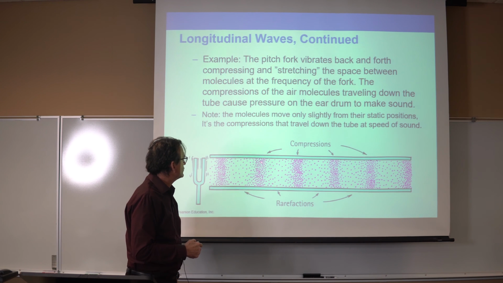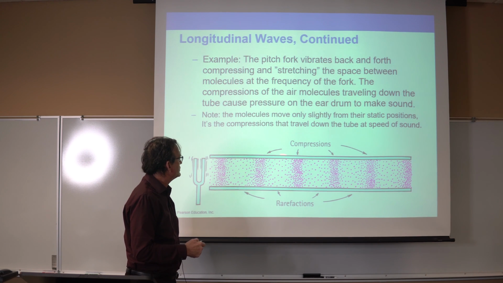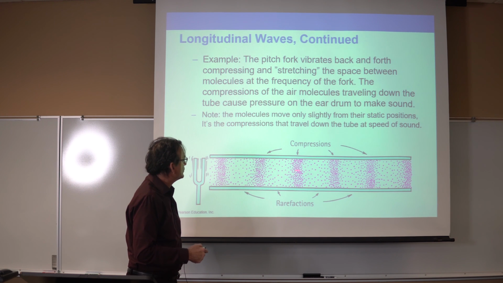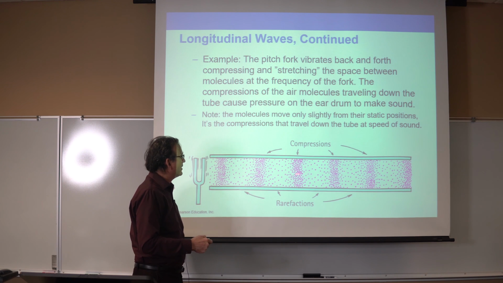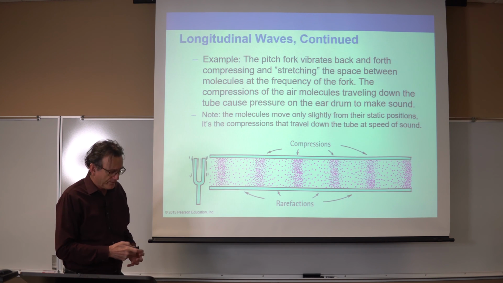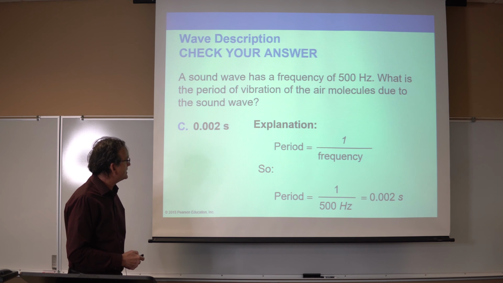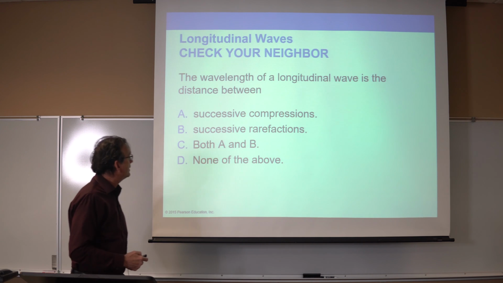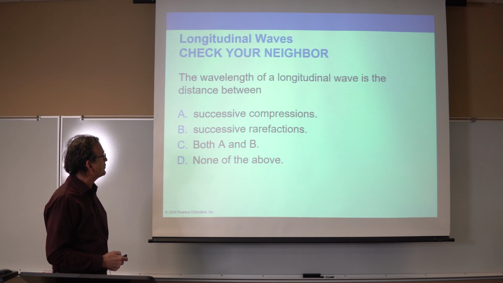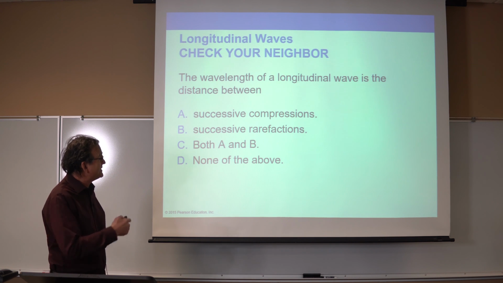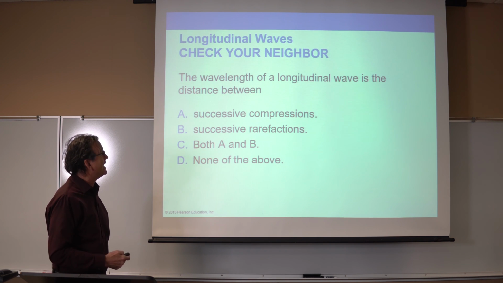So the distance between the high density regions would be equal to one wavelength, and similarly the distance between low pressure or low density regions of the air molecules would also give us one wavelength. So either one, the compressions or the rarefactions, that distance will be the same, and it will also be exactly equal to the wavelength of the sound wave.